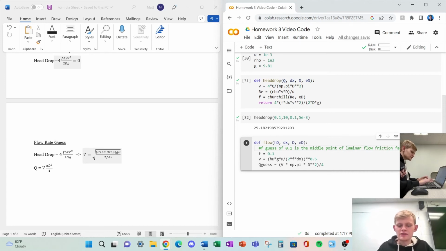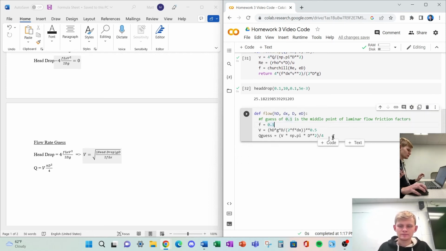And there's a whole graph that shows the friction factors for both laminar flow and turbulent flow. But we're going to say that our pipe is in laminar flow this time, and that our guess here is going to be 0.1.